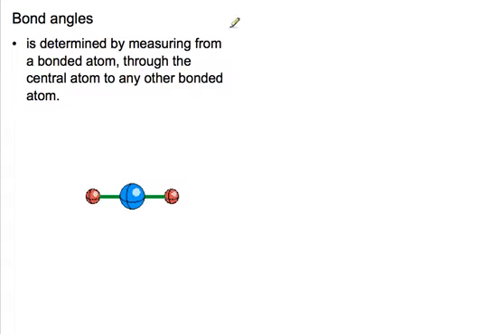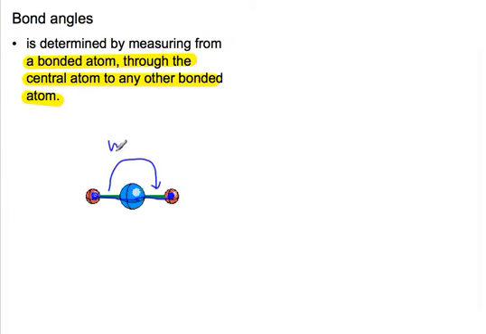So bond angles, as it says, are determined by measuring from a bonded atom through the central atom and then to any other bonded atom. So this first example is really straightforward. Here's our bonded atom. We're going to go through the central atom, so that's through the one in the middle, to the other bonded atom. And we would then measure a bond angle like this.